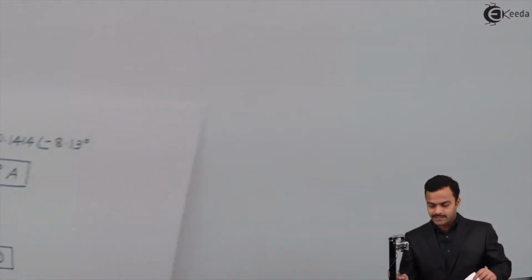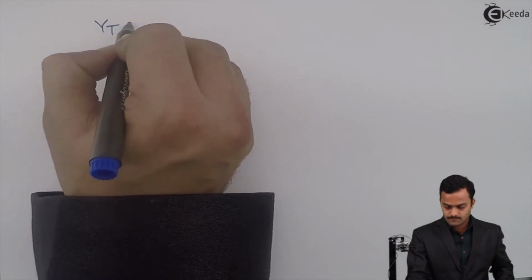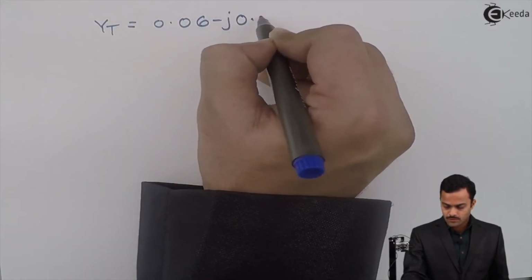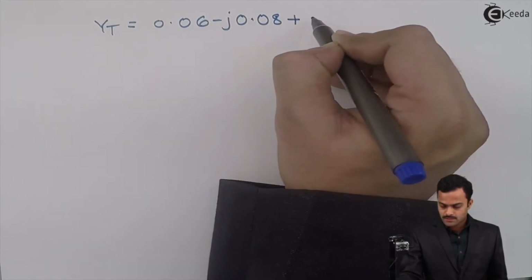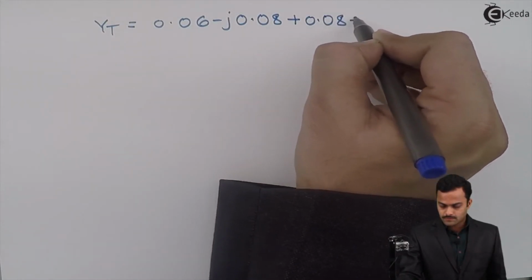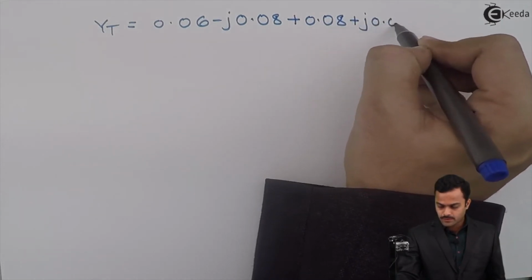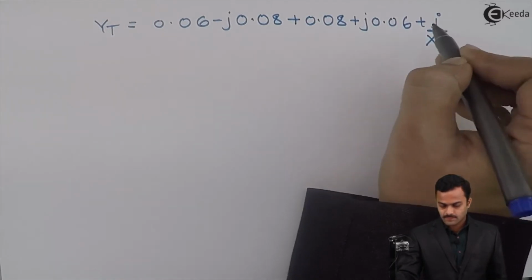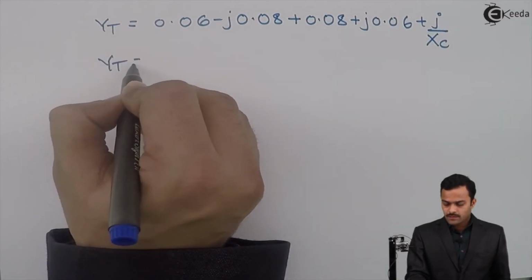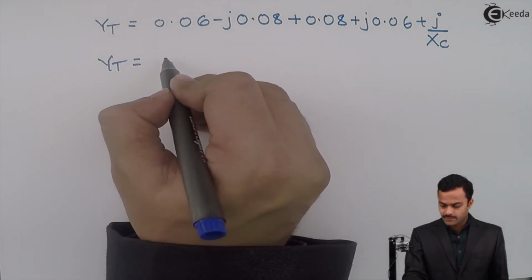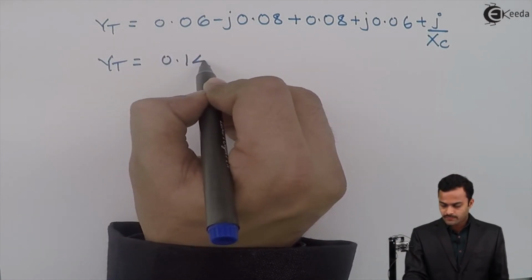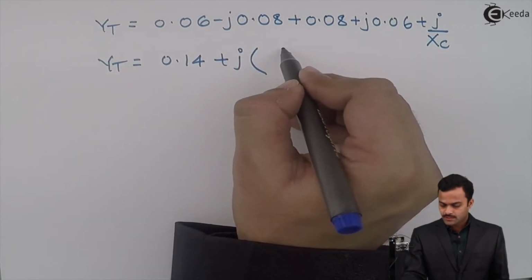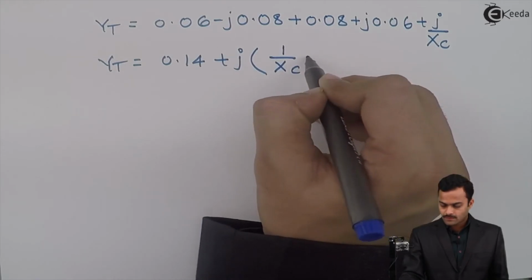So what I will get, Yt as 0.06 minus j0.08 plus 0.08 plus j0.06 plus j upon Xc. If I take all real parts together, it will be 0.14, and all imaginary parts together will give me 1 upon Xc minus 0.02.